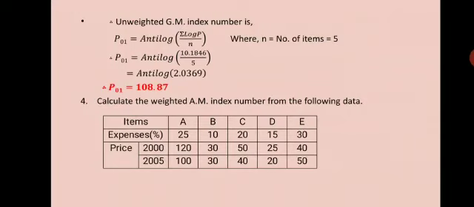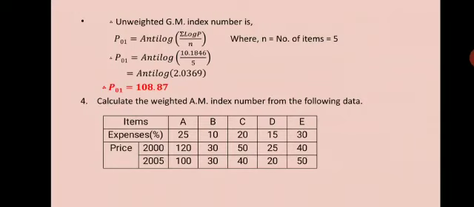Then simplify the bracketed quantity, we will get antilog of 2.0369. Then we have to find the antilog of 0.0369, and there you will get 10887. Then we have to put the decimal point after 2 plus 1, that is after 3 digits.